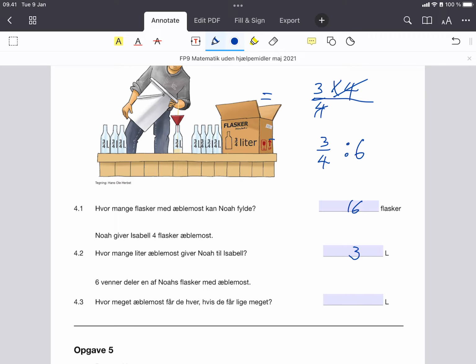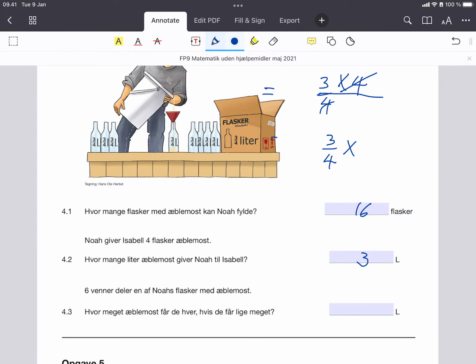Well, a couple of ways you could look at it. You can think of 6 as being 6/1. So you're doing 3/4 divided by 6/1, and then you can do the thing about changing it to a multiply and flipping it over. So that's the same as 3/4 times 1/6, which would be top times top, bottom times bottom. 3 times 1 is 3. 4 times 6 is 24.